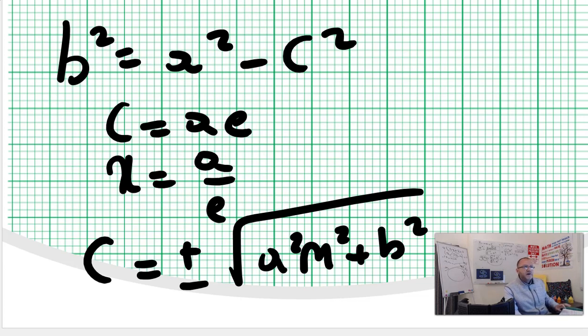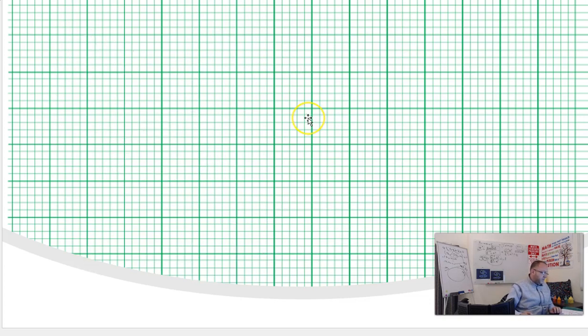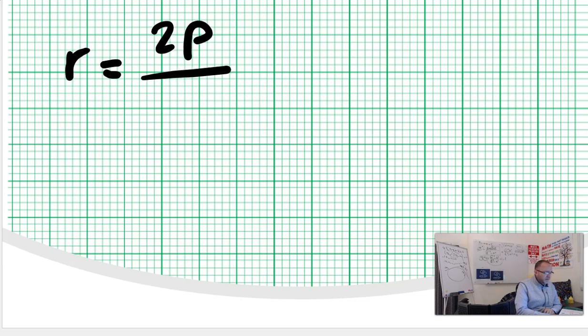And before we start polar, I need to remind you of the polar that we have just studied with the parabola. What did we study with the parabola? We studied that r equals 2p, and there is an e here, but since it equals 1, get rid of it.